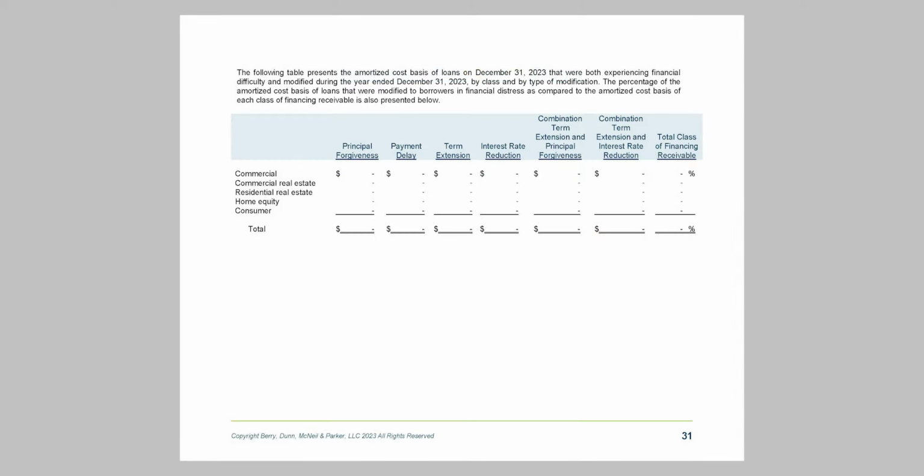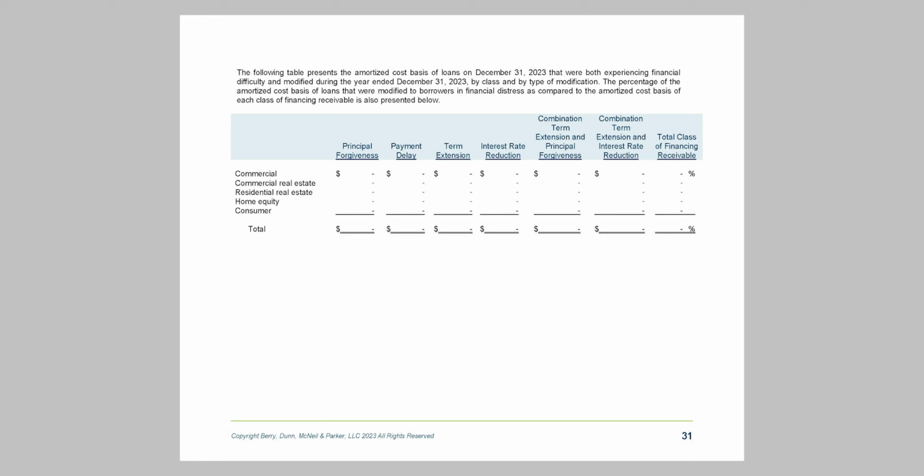So lastly, if I skip to page 31 here, I mentioned the new loan modification disclosure requirements way at the beginning of the session. Time to bring it full circle. So again, the loan modification disclosure requirements are only required for those loan mods to borrowers experiencing financial difficulty. That's it. If they're not experiencing financial difficulty, don't have to worry about them, at least for this conversation.